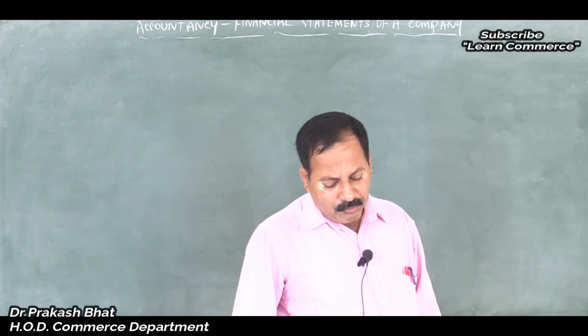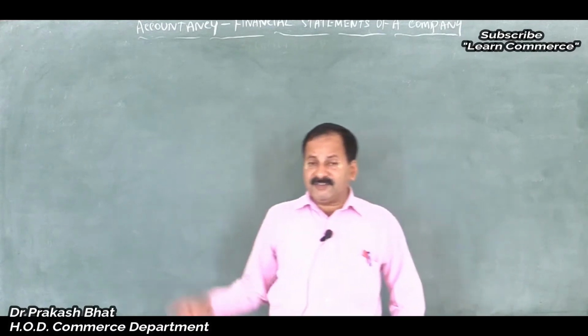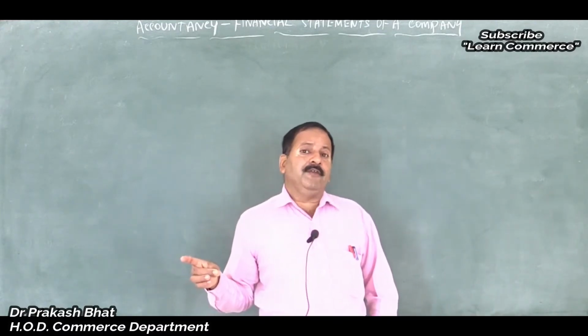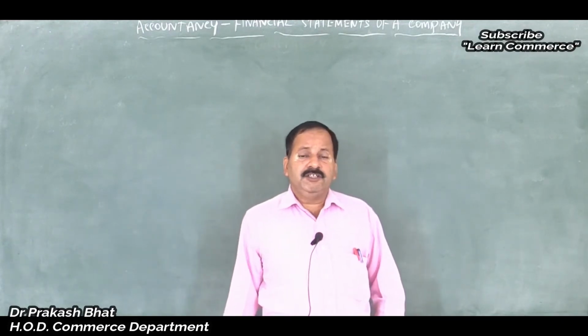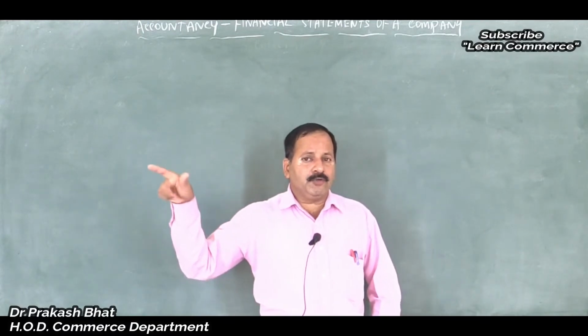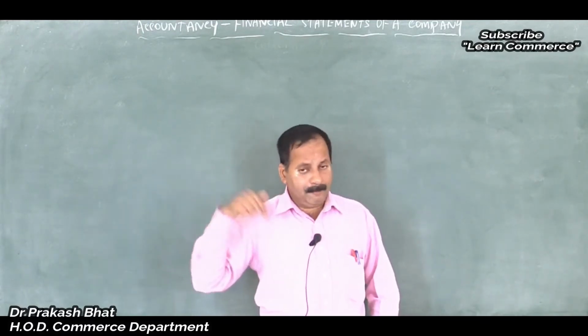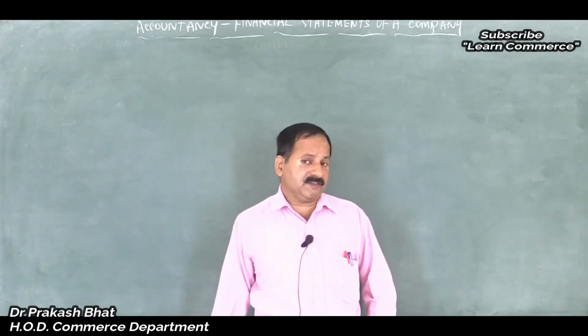Then short term loan from Z Limited. Short term loan from Z Limited means the loan taken from Z Limited, so it is a liability of the business. If it were short term loan to Z Limited, then it is a loan given to another company, maybe a subsidiary by the main company, so it becomes an asset, like an investment, correct?